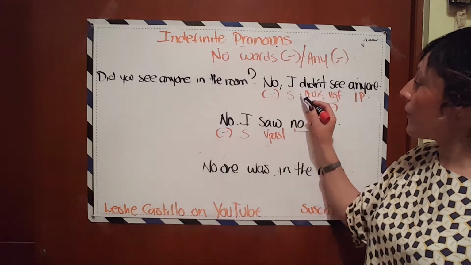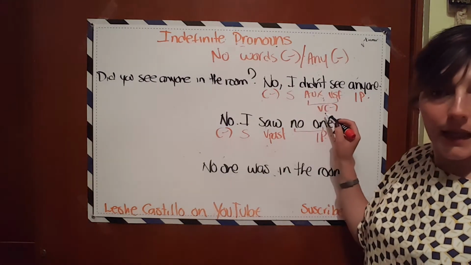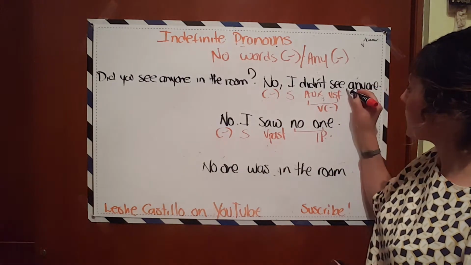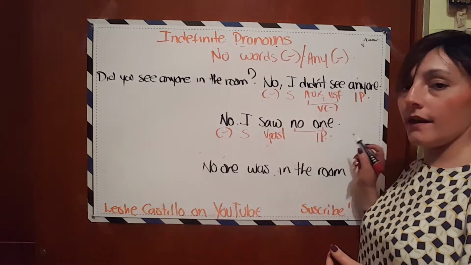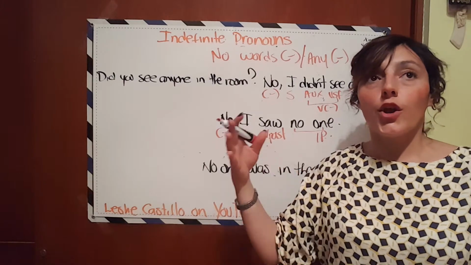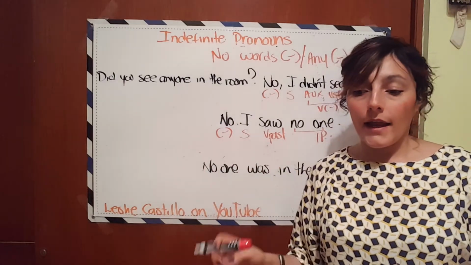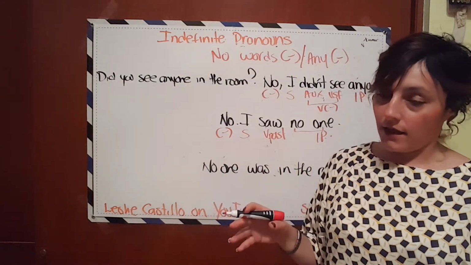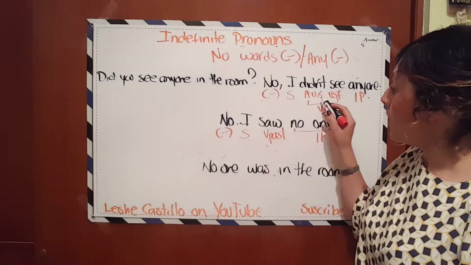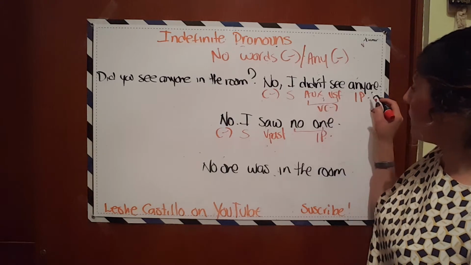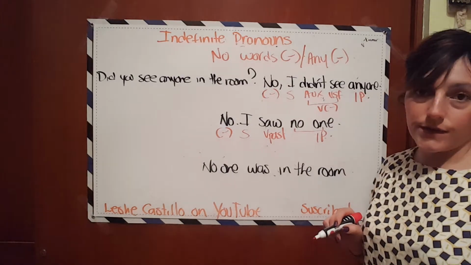But now, if I'm going to use the verb in negative, I'm going to use an any word. I didn't see anyone. I won't go anywhere. I haven't studied anything. So as you can see, I have an auxiliary negative. When I have it, I have to use any words.